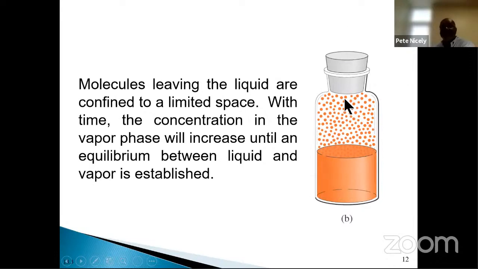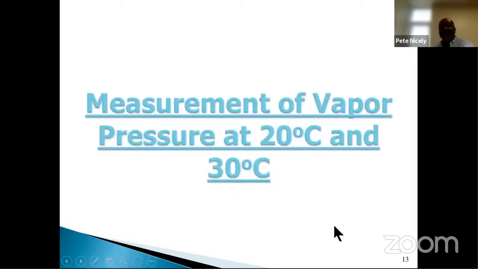So the molecules here will go back to the liquid state, but at the same time, you have some liquid molecules going into the vapor state. So you have the back and forth taking place until equilibrium is established. And therefore, you're going to have at that point a fixed concentration of the gas above the liquid in this closed system.